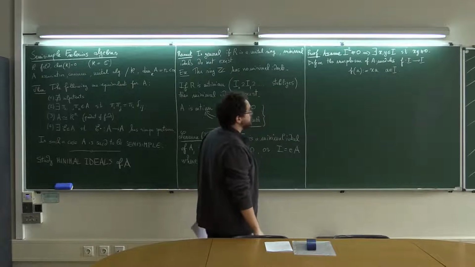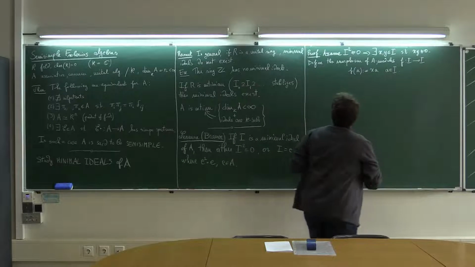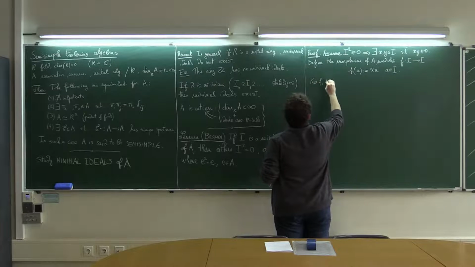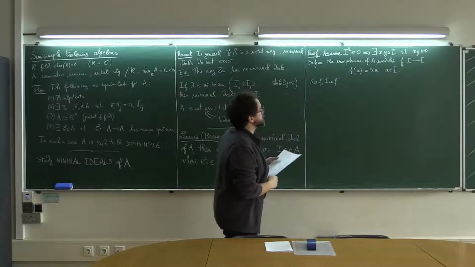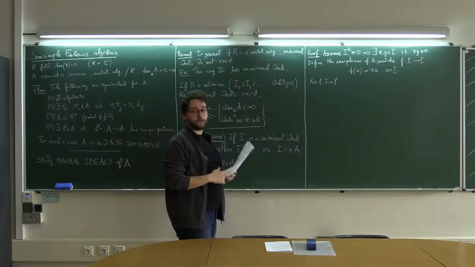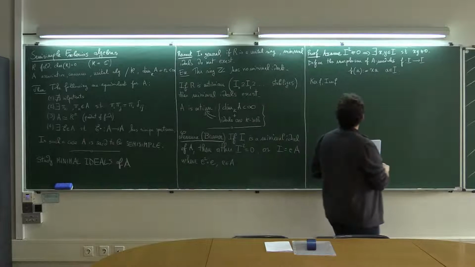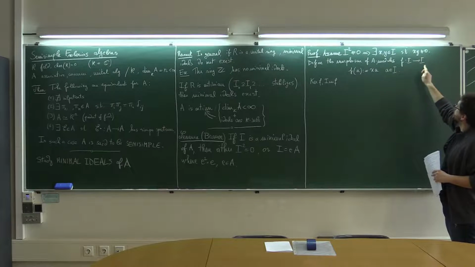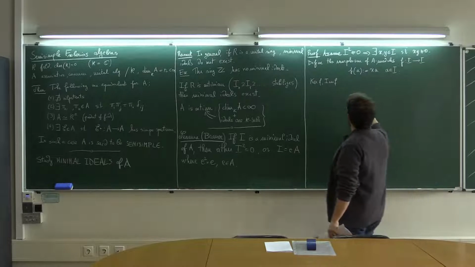This is a non-zero morphism by assumption, and moreover, the kernel and the image of F are submodules of the domain and target space. But the fact that I is a minimal ideal is equivalent to saying that there are no proper submodules inside.